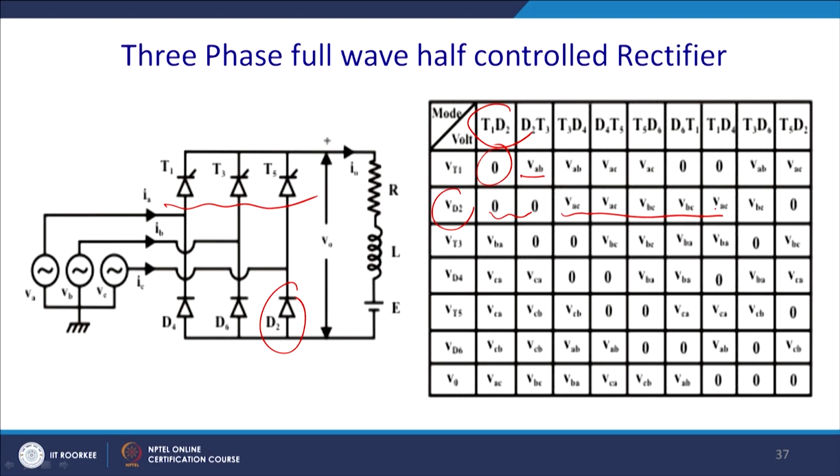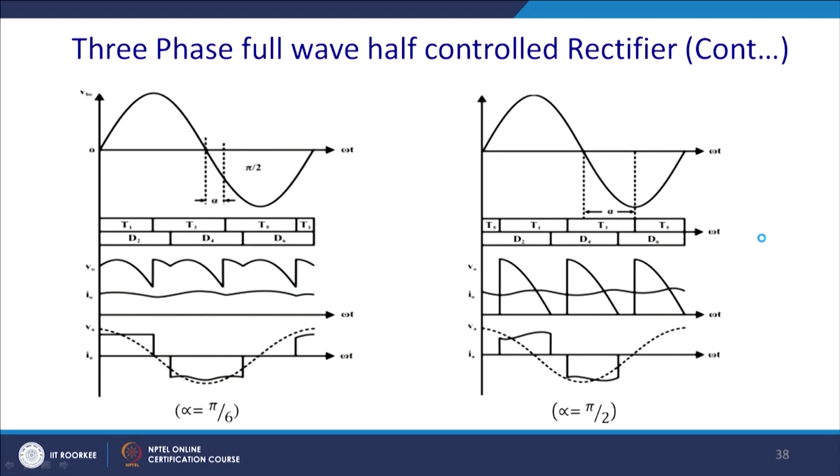Again it will be conducting here. Similarly, T3 will be conducting for the period here as well as here. This pattern will continue and accordingly we get the voltage.